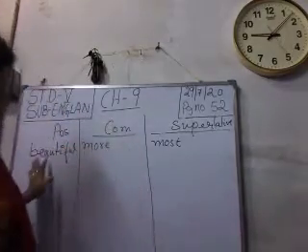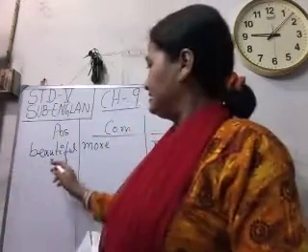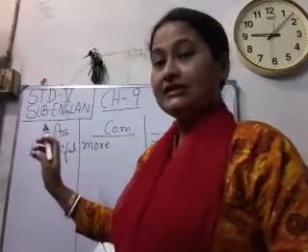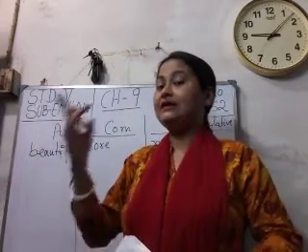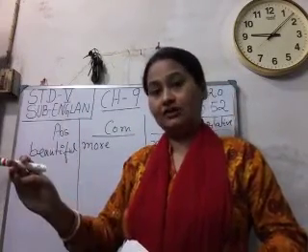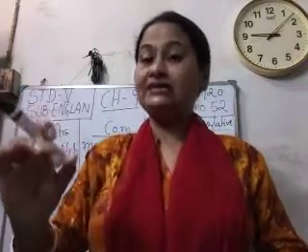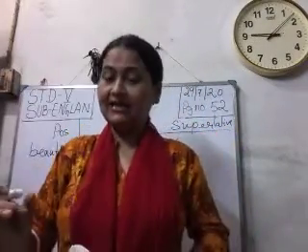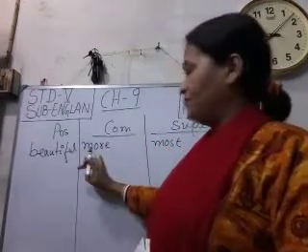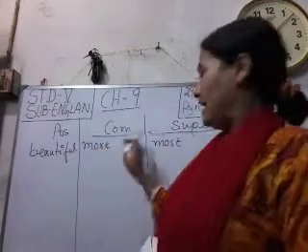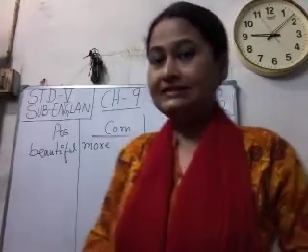See the word beautiful. It is of more than 2 syllables, isn't it? So the adjectives which have more than 2 syllables take more before their comparative degree and most before the superlative degree. Is it clear?